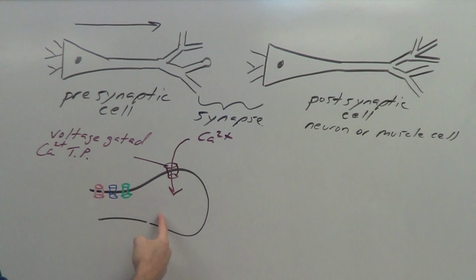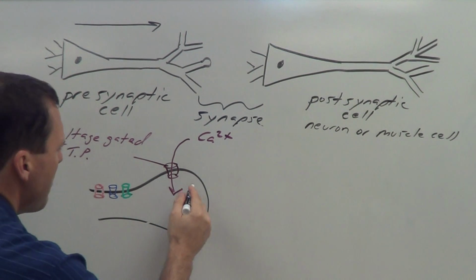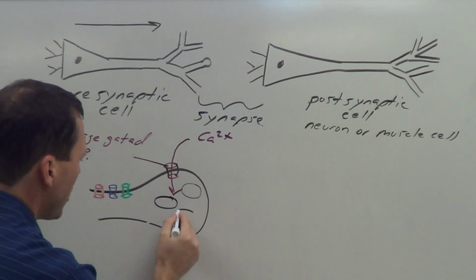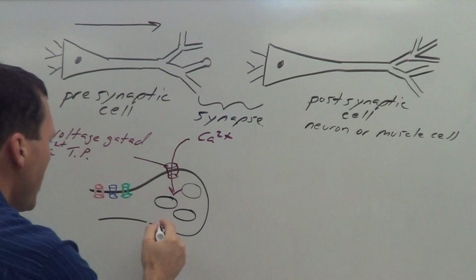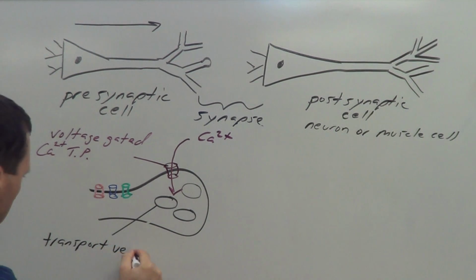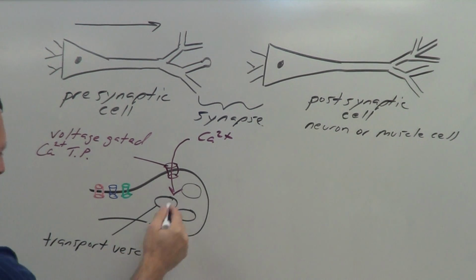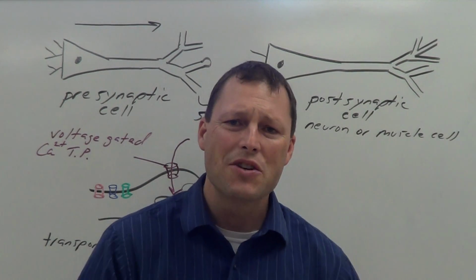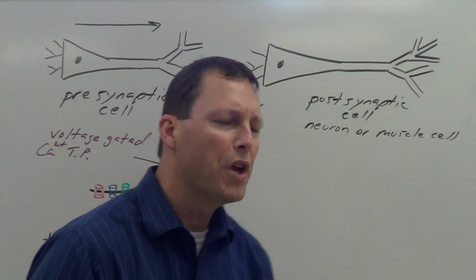Now also, inside this axon terminal are going to be some membrane-bound structures. And these membrane-bound structures are transport vesicles. And because these transport vesicles are found at the end of the axon terminal, we're going to give them a special name.